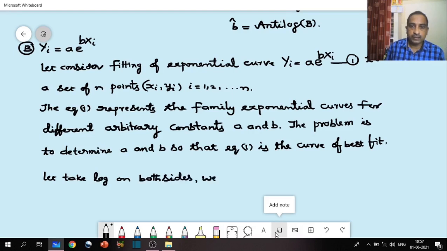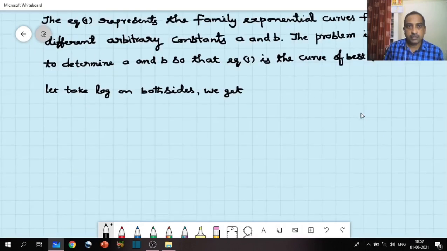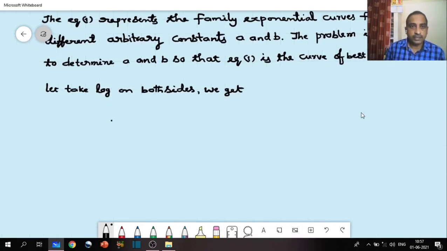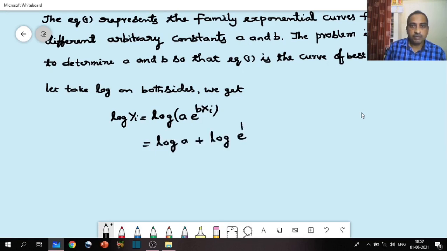We get log yi equals log of a e power b xi, which is log a plus log e power b xi.